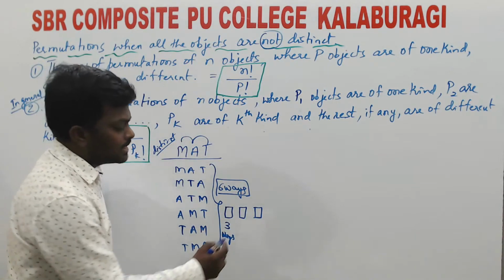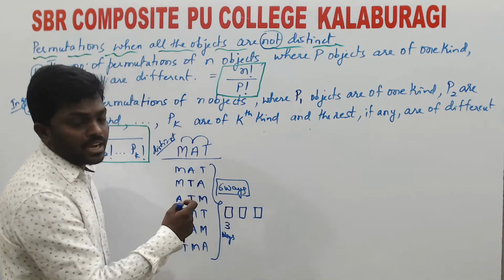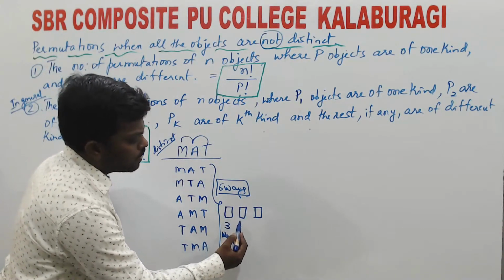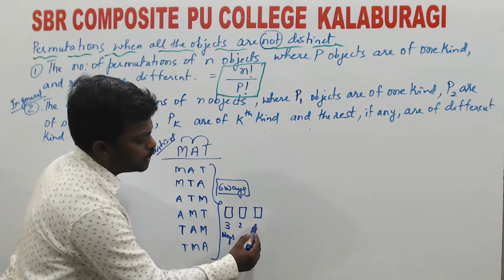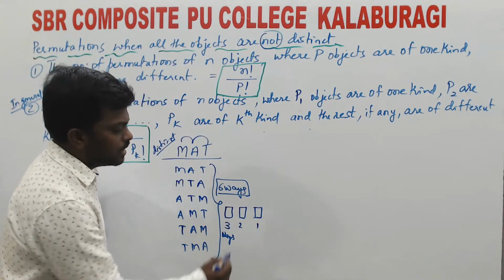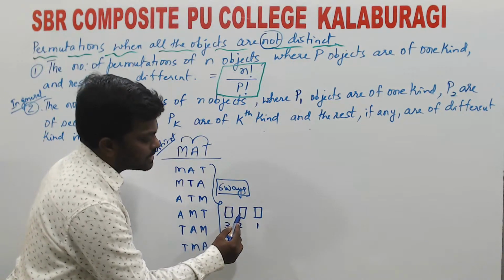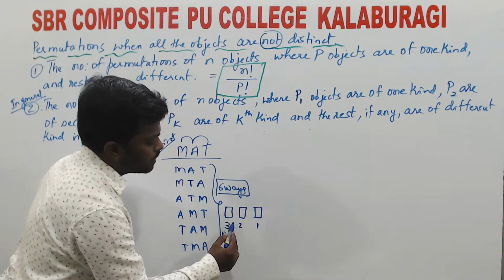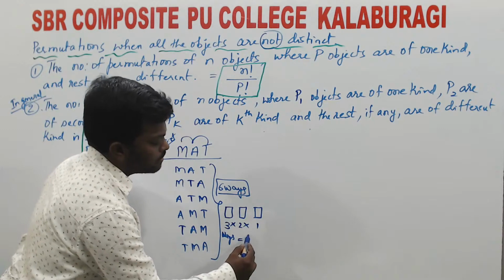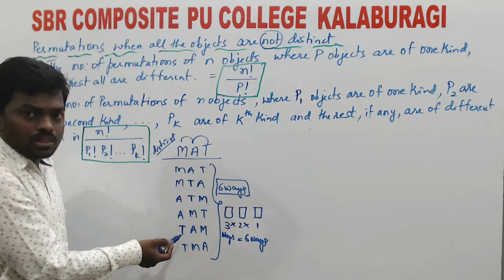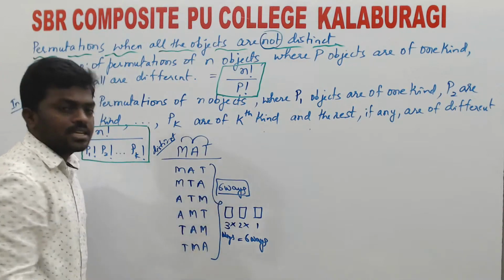For the second box, repetition doesn't occur, so it can be filled in two ways, and the last one in one way. So it's nothing but six ways when you list down all the arrangements.